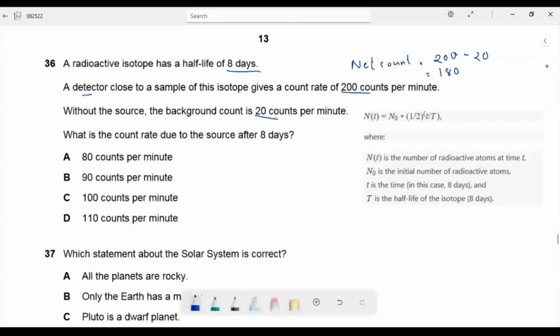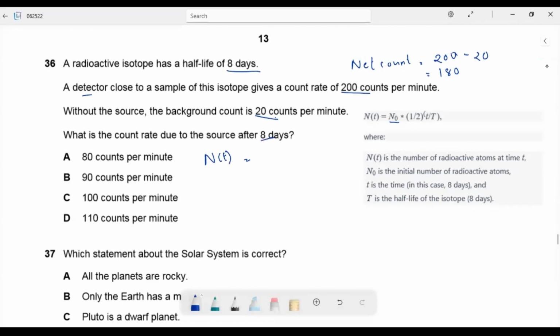Half-life is given as 8 days, and we need to find the count rate after 8 days. So Nt is equal to N0 into 1 by 2 raised to t by T. Nt is the number of radioactive atoms at the time t. N0 is the initial number of radioactive atoms. t is the time, here it is 8 days.